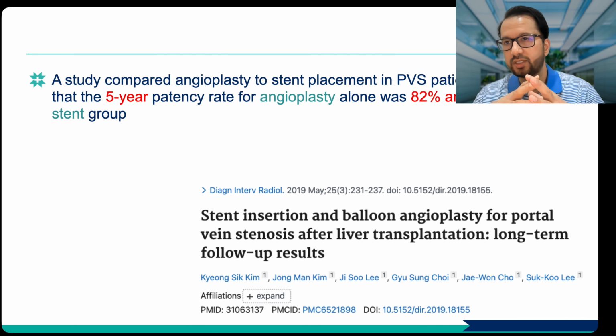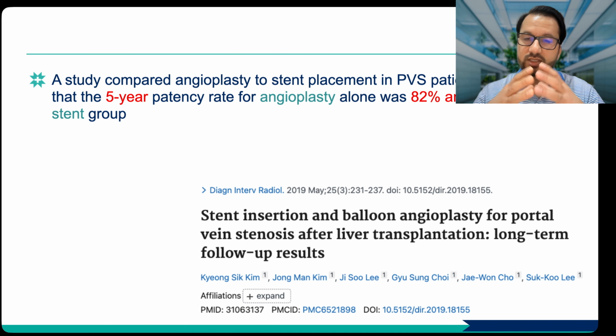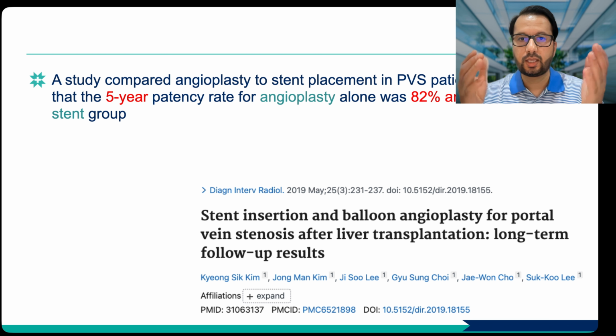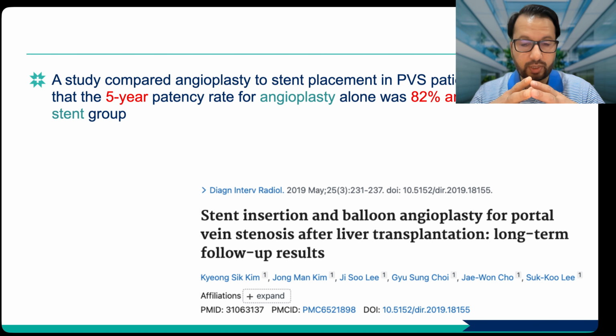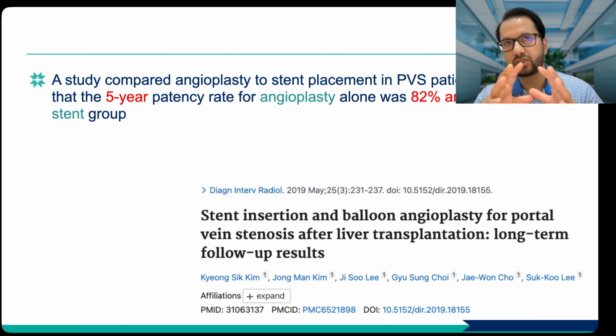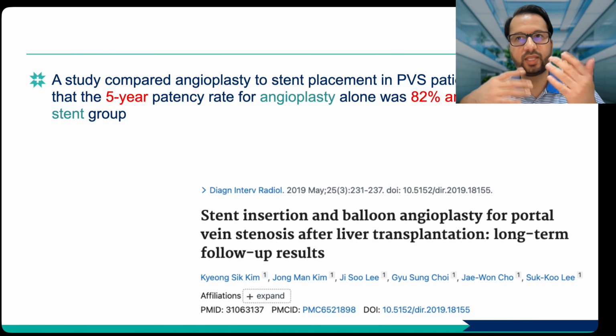However, in our personal practice at Max CLBS, our policy is generally not to use stents in the first attempt unless the balloon angioplasty is unable to open the portal vein. In those cases, we use the stent. So we use stents if there is recurrence.